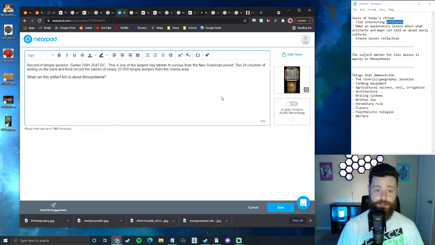Maybe that there were a lot of workers because there were 20,000 temple workers. Maybe they found value in recording information about the workers that they had. It's not like you just pick out people to work, but you had a method of keeping records for that because that might come in handy later on. So this one artifact could probably tell us a lot of information here.